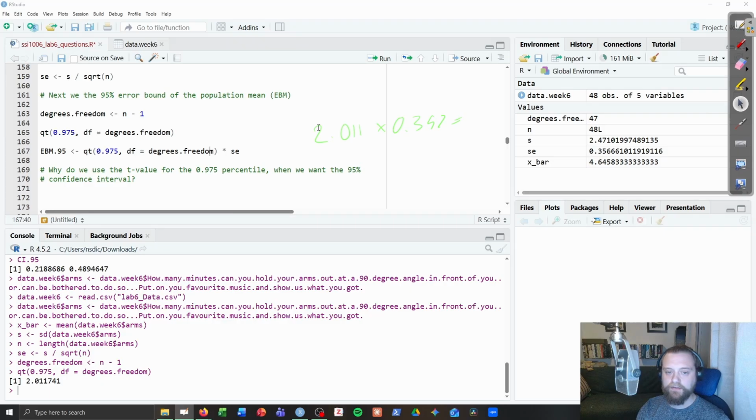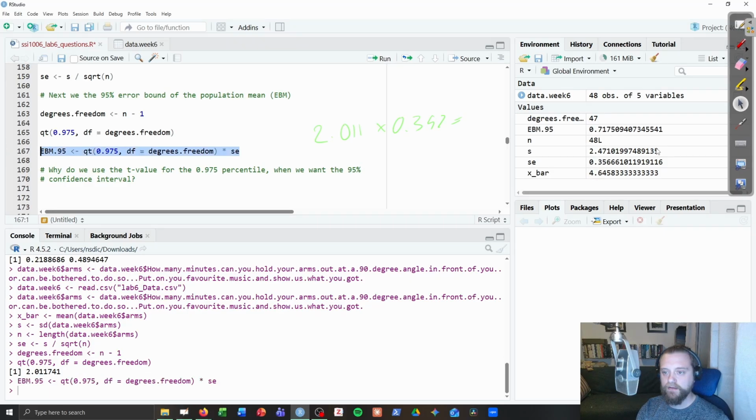And let's look at the EBM. So our EBM is 0.717. This number here.